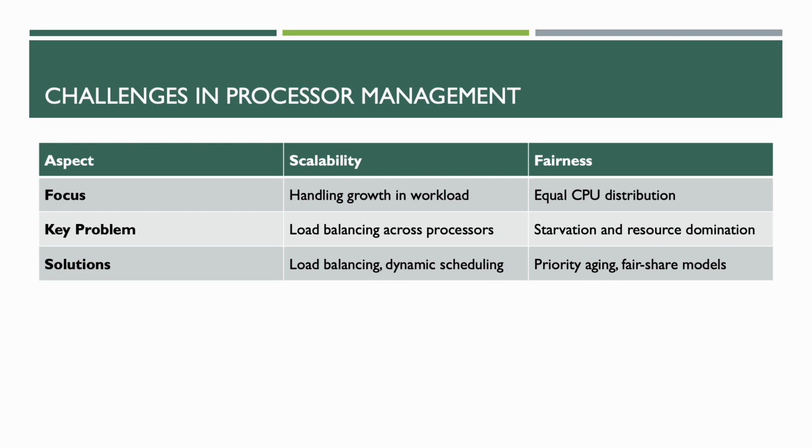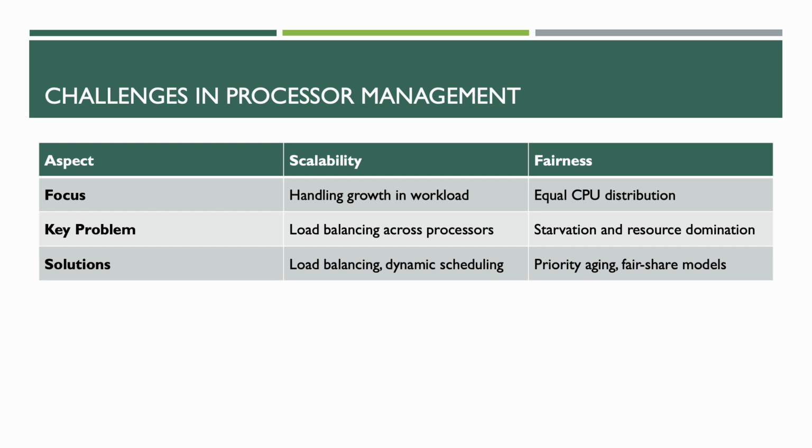Okay, now let's see some of the key challenges in processor management. The first one is scalability, handling growth in workload. As workload increases, CPUs must distribute tasks efficiently across processes.